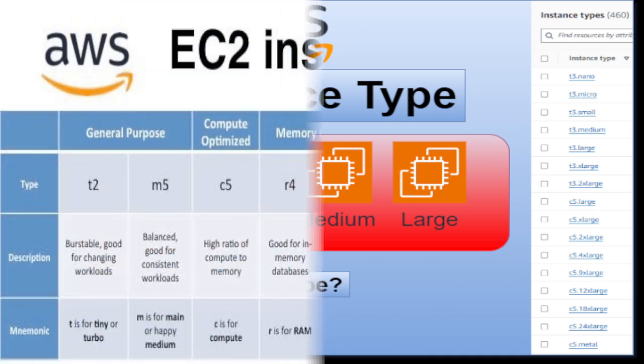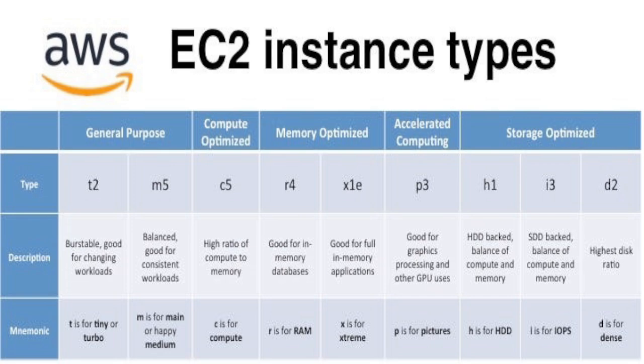And here is a diagram of EC2 instance types with their details. For general purpose, we actually use T2 or M5. For compute optimization, we change EC2 instance to type C5.